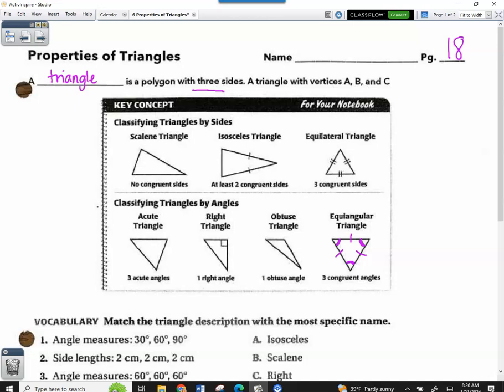So if you want to make a note, maybe right here, congruent sides matches congruent angles. So however many congruent sides there are, that's how many congruent angles there are, and vice versa. That's a big helpful hint when you're solving some of these problems, okay?